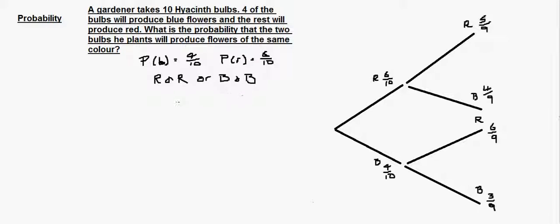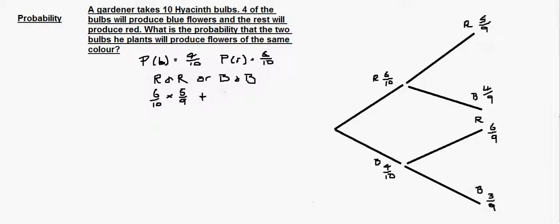So now we know what we need to do. So a red and a red would be 6 over 10. Remember the and or rule, so and means multiply. 5 over 9. Or, so we're going to add the product.